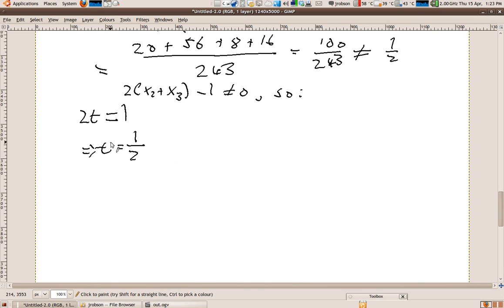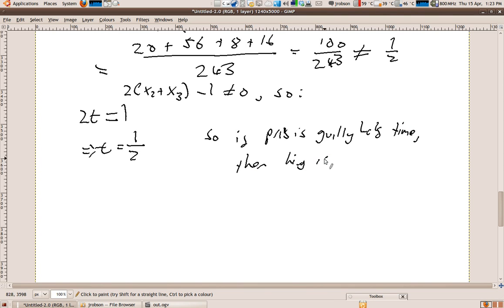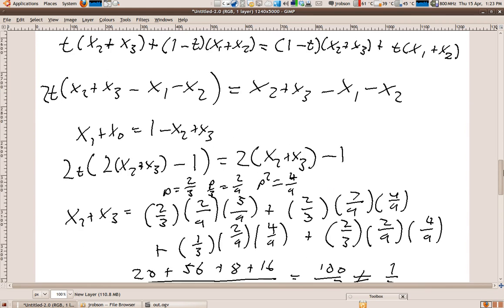Which is quite nice. So if the prisoner is guilty half the time, then the king is right half the time. But that's actually independent of our p-values.